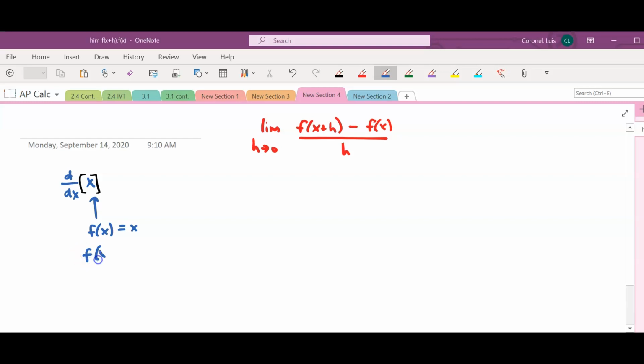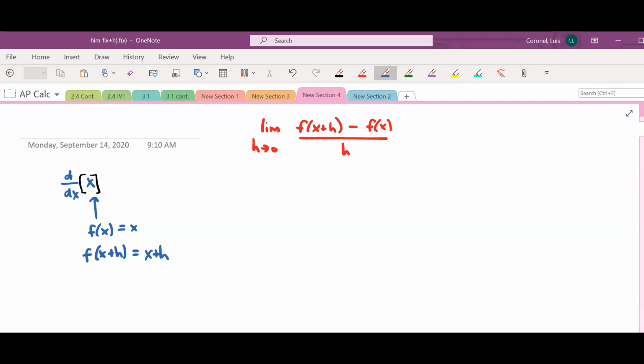If you plug in x into your function, you get x. If you plug in x plus h into your function, you're also gonna get x plus h.